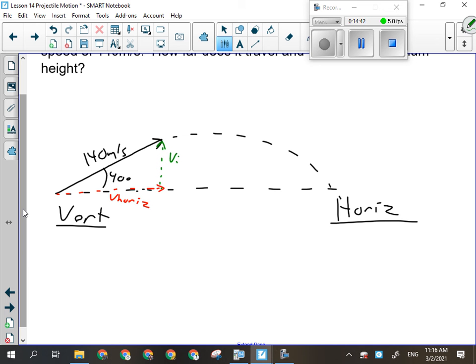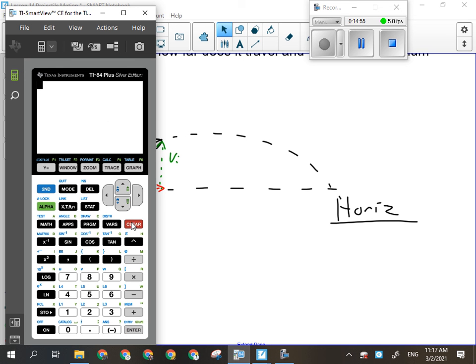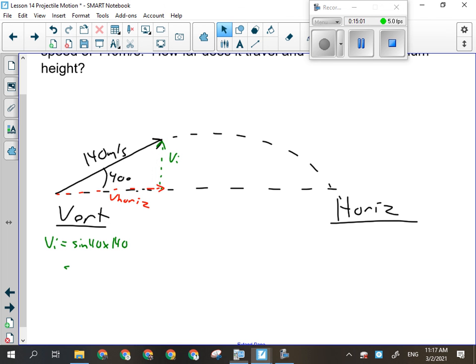It's just how that triangle works. So my initial vertical velocity will be the sine of 40 degrees times 140 meters per second. Sine of 40, so we're looking at 89.99 meters per second.